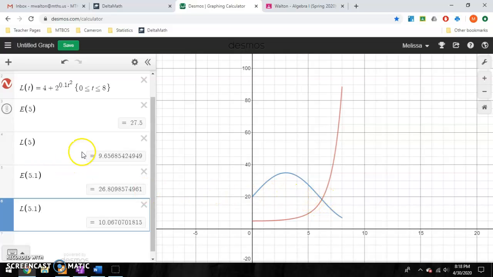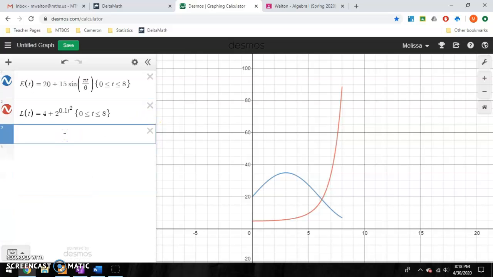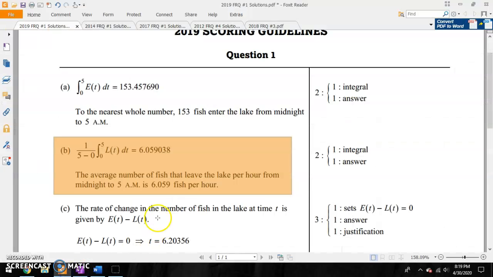The way that we would calculate that is not by the function values, but by looking at the derivatives. So the derivative of E at 5 is decreasing. The rate at which fish are entering is decreasing. The rate at which fish are leaving is increasing.